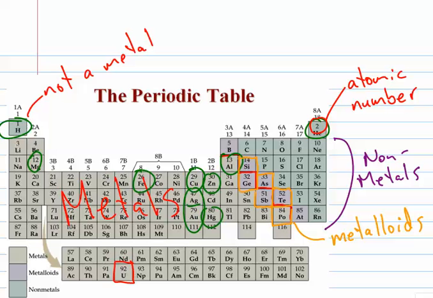So they tend not to be good conductors of heat and electricity, but they also tend not to be good insulators. So, for example, silicon is the most common example of this, and we know that silicon is important for the electronics industry. That is, it's the basis of what we call semiconductors.